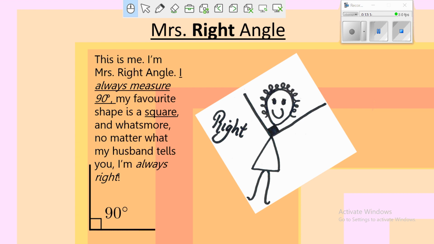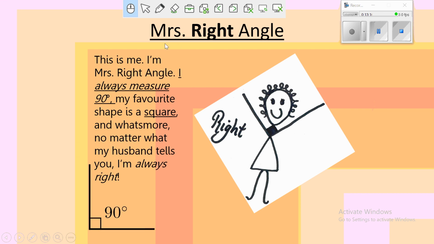Let's see now. Oh, this is Mrs. Right Angle. This is me. I am Mrs. Right Angle. I always measure 90. My favorite shape is a square. And what's more, no matter what my husband tells you, I'm always right.